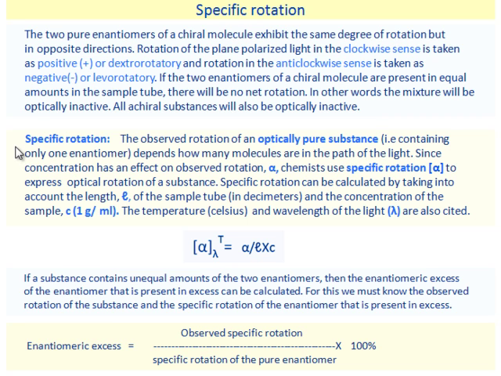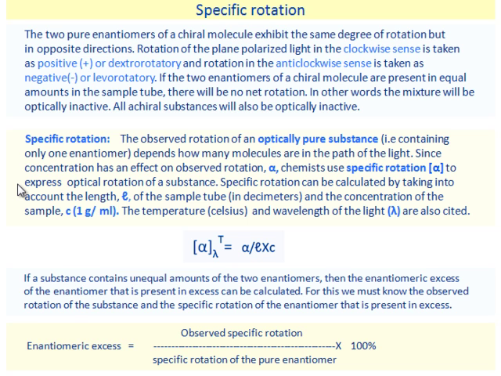Specific rotation. The observed rotation of an optically pure substance, that is to say containing only one enantiomer, depends on how many molecules are in the path of the light. Since concentration has an effect on observed rotation, alpha, chemists use specific rotation to express the optical rotation of a substance.